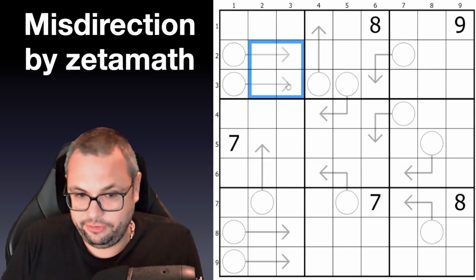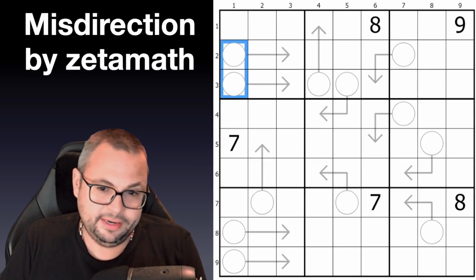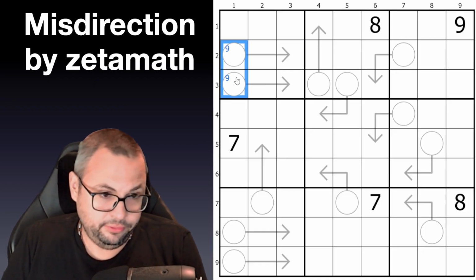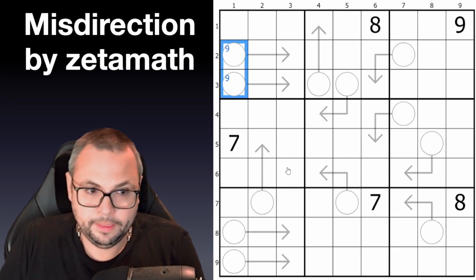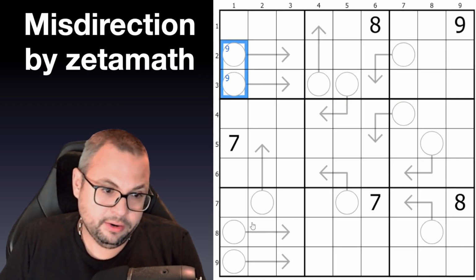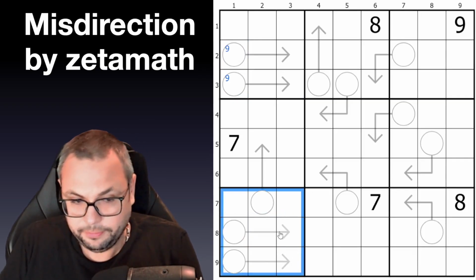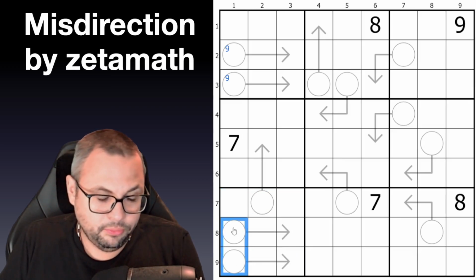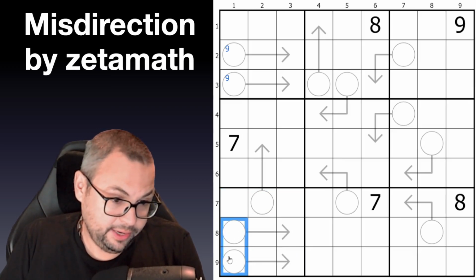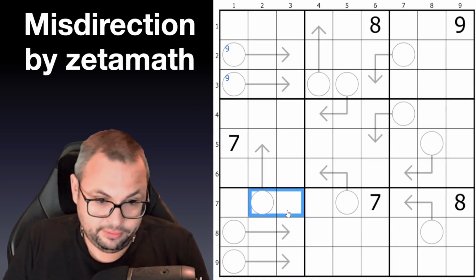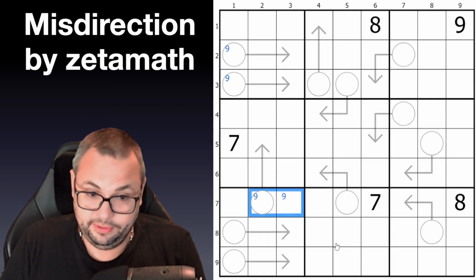So the 9 can't go in any of these cells, which means the 9 in fact has to go in one of these two cells. And this corner mark here looks down at this similarly situated box, and now rules 9 out of those circles, actually. And we already know 9 can't go in these two cells. So now what I get is that one of these two cells is a 9.